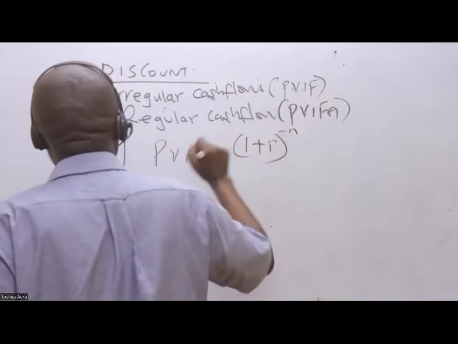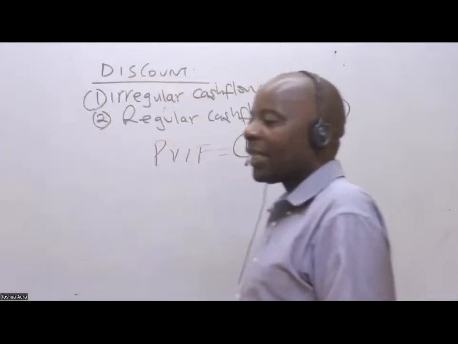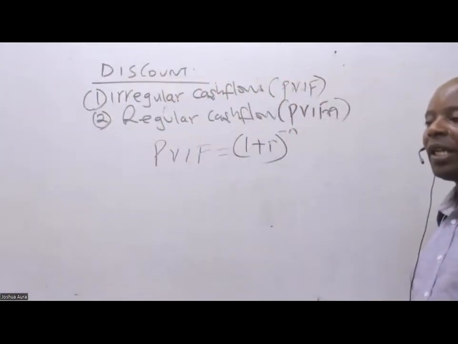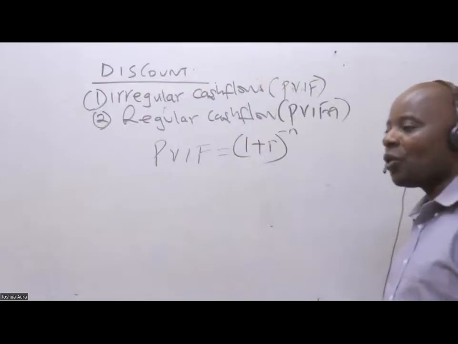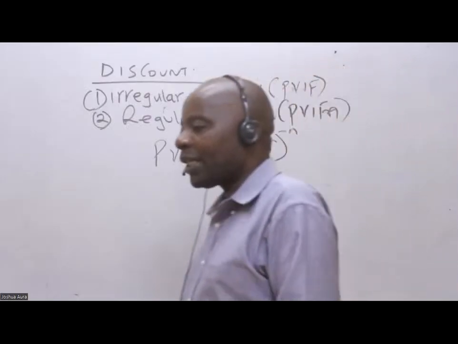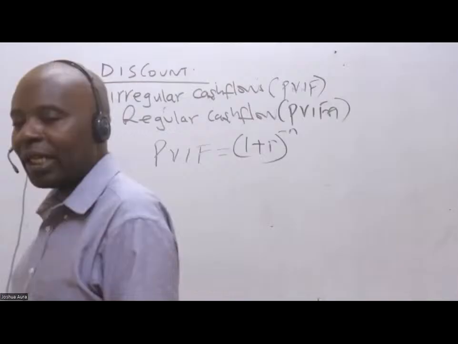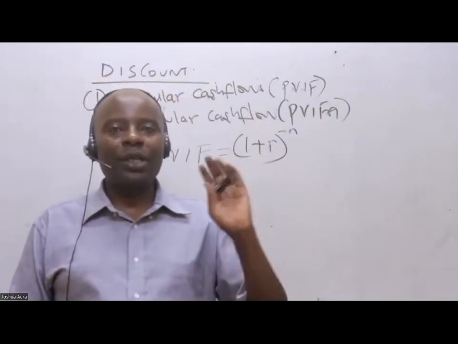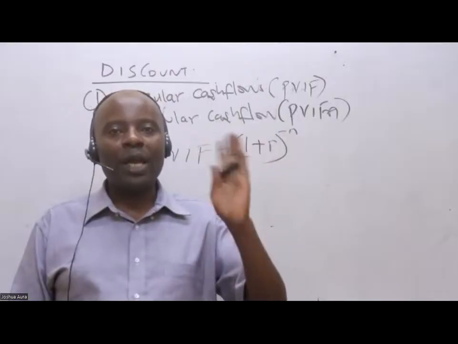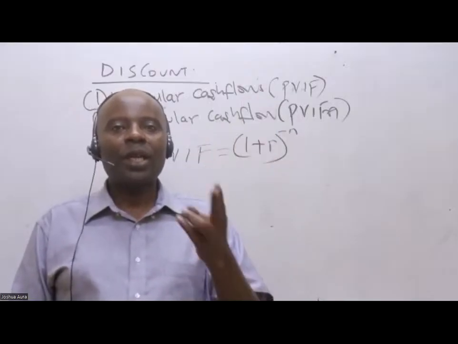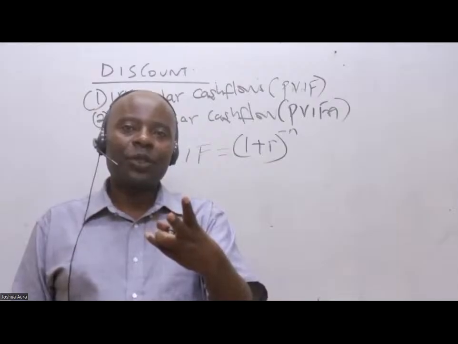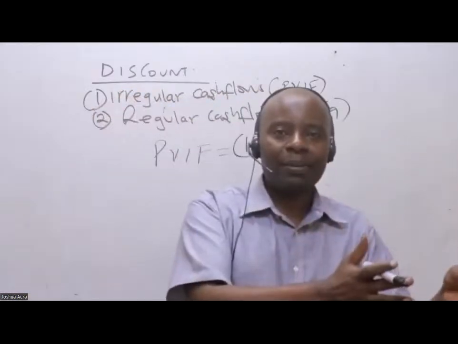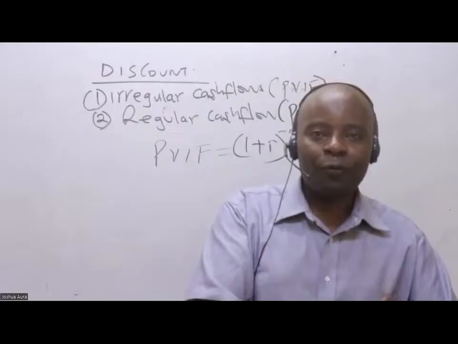Please, inside there is a plus. Inside there, we have a plus like that. So anytime you are told, like now here, that Jacqueline is quite a lucky lady. She's done some business, and there is somebody who has promised to give her 1 million Kenya shillings in 2 years' time. So the 1 million is a lump sum, receivable one-off, right?